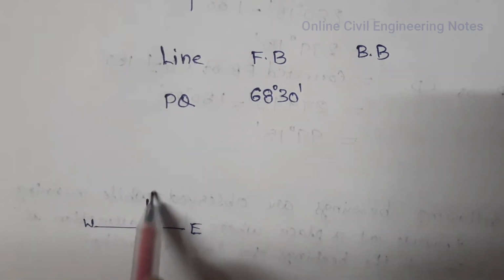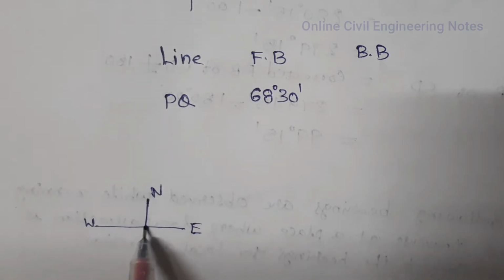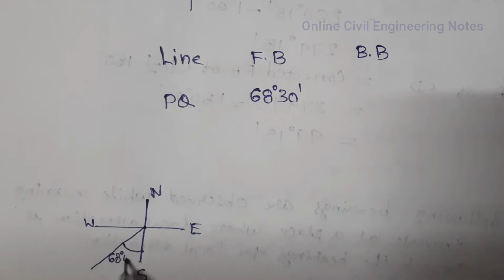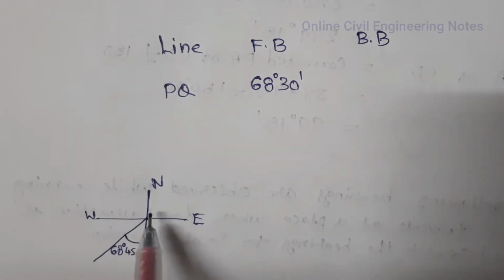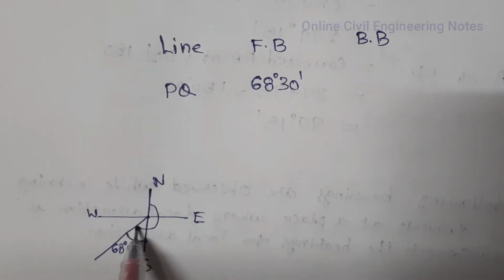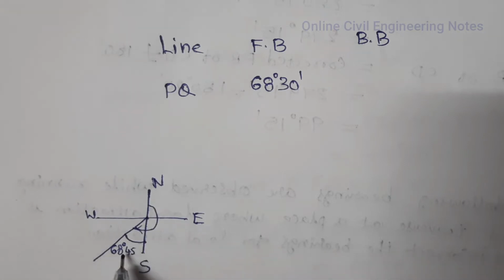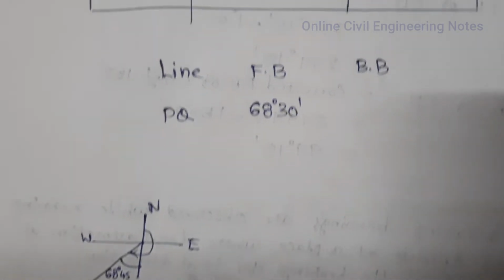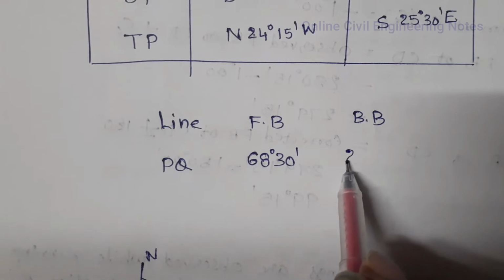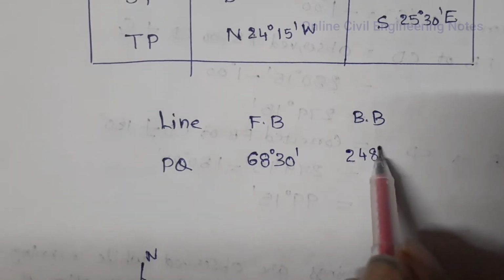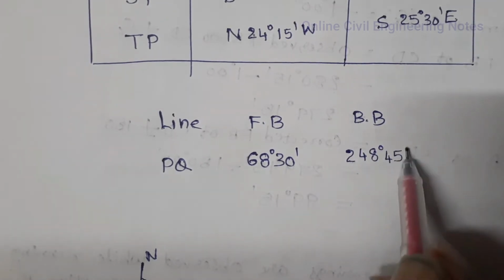Whole circle bearing system is 180 plus 68 degrees 45 minutes, which is equal to 248 degrees 45 minutes.